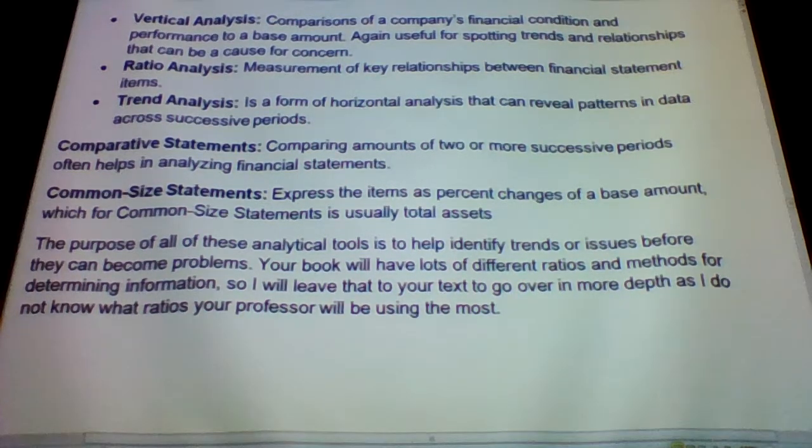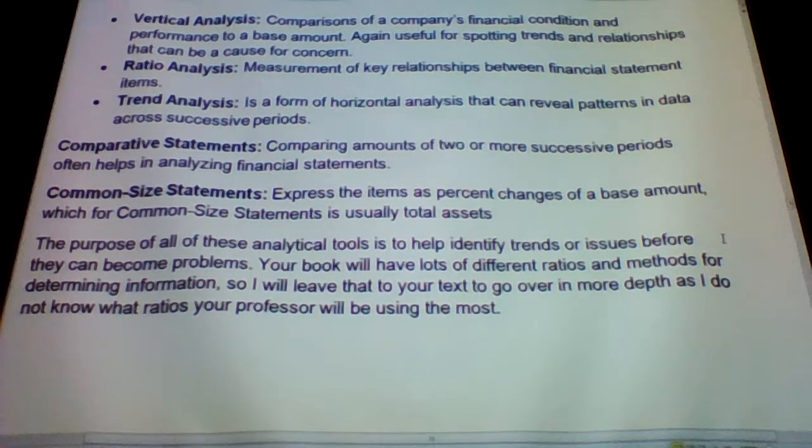Common size statements express the items as percent changes of a base amount, which for common size statements is usually total assets. The purpose of all of these analytical tools is to help identify trends or issues before they can become problems.